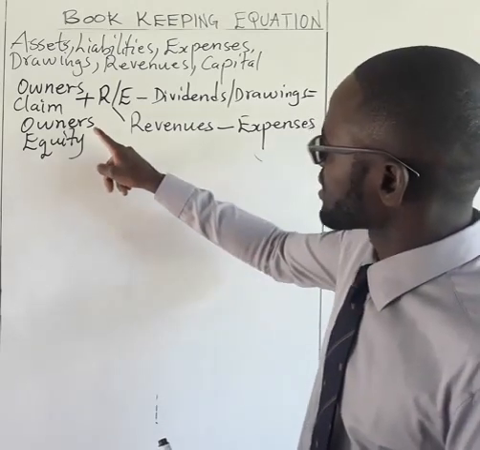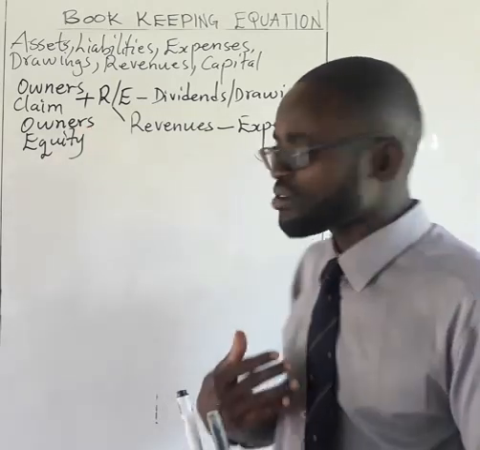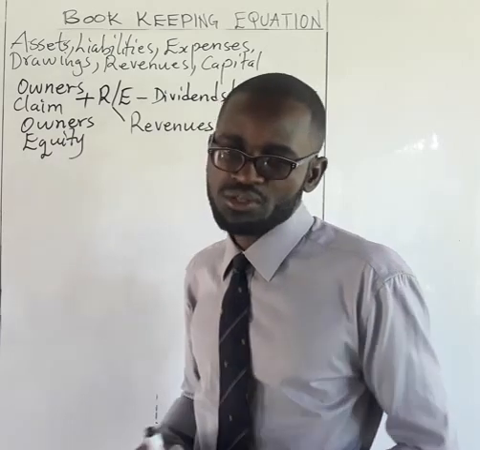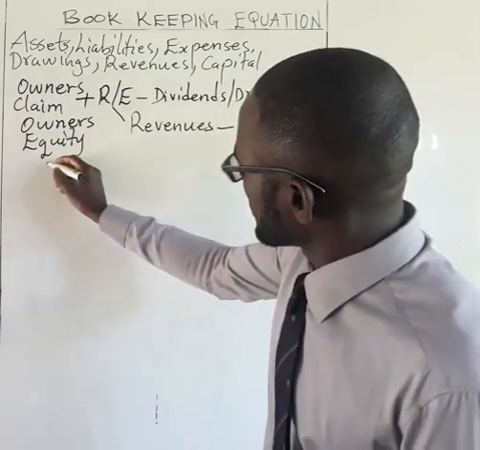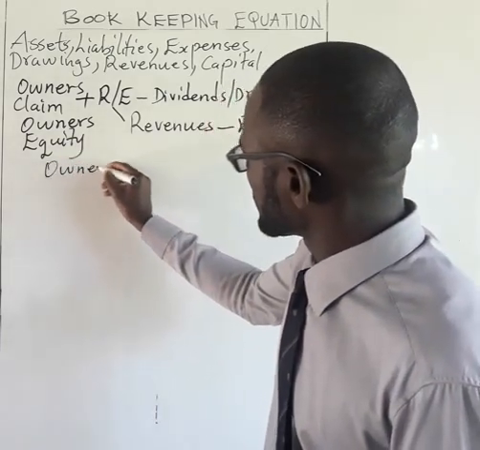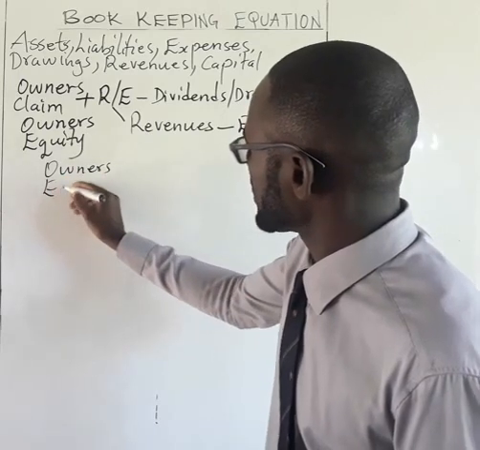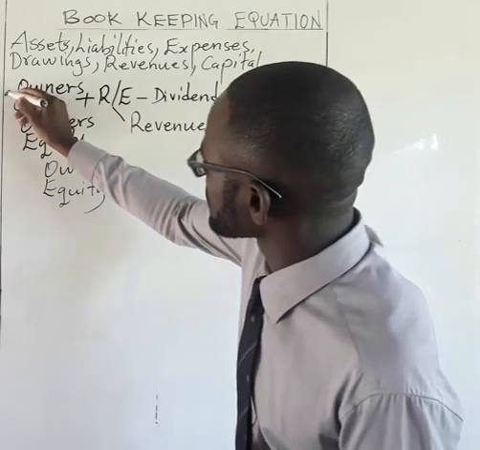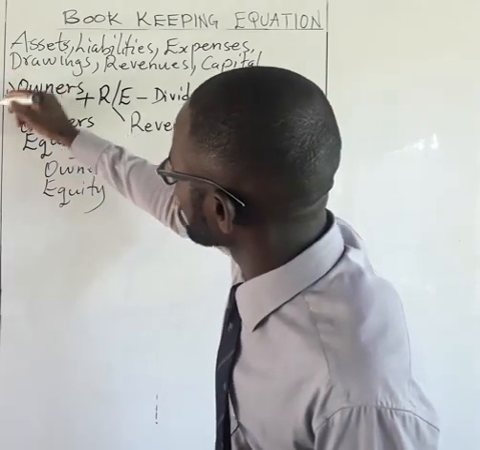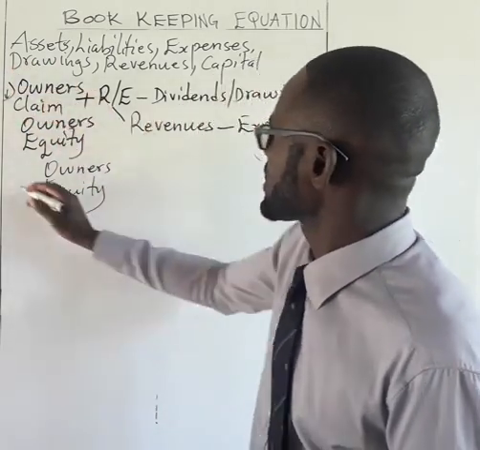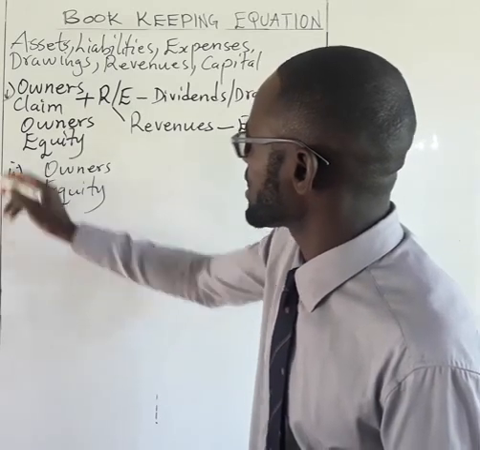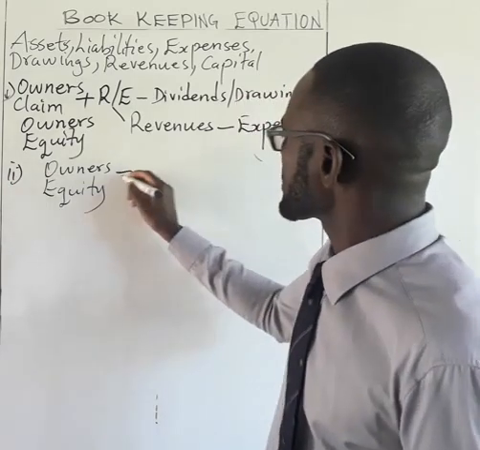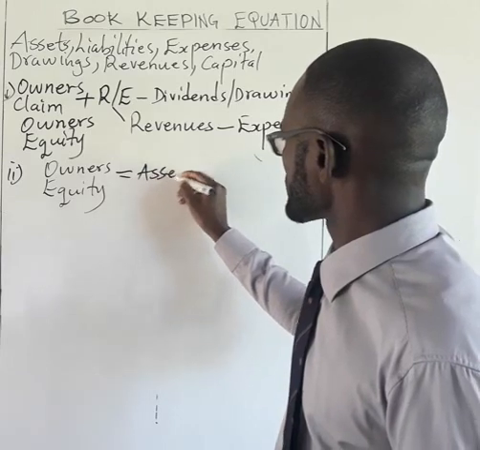Now, we have owner's equity at our disposal, and I want us to derive another formula. Because we have this equation 1 giving us owner's equity, again we can have the owner's equity being equal to assets.